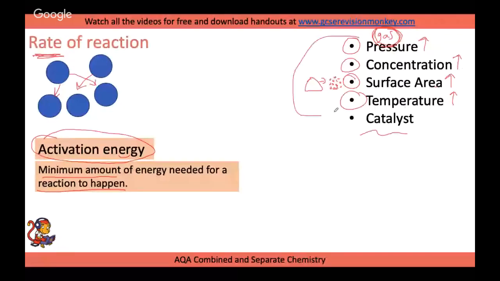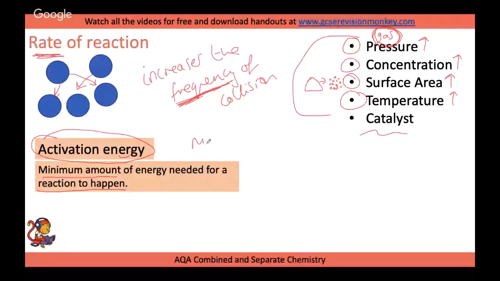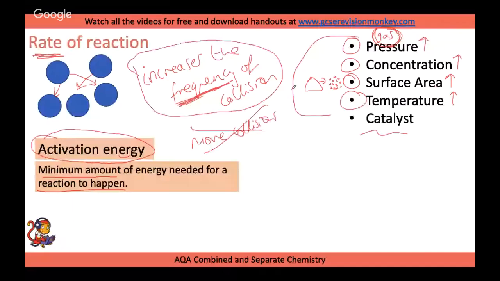It does this because it increases the frequency of collisions. This is really crucial because they want the frequency of collisions because you're talking about rate of reaction. If you write more collisions, you will not get the mark. Okay, so you must write about increasing the frequency of collisions. I can't stress that enough.